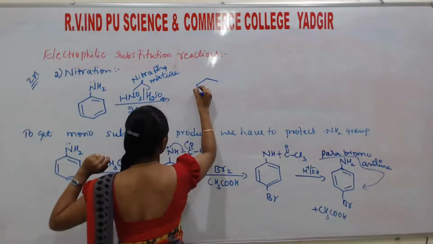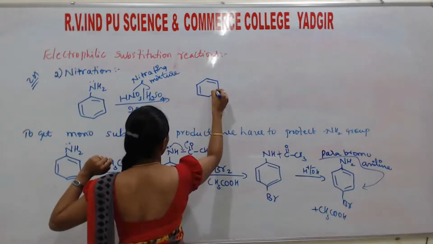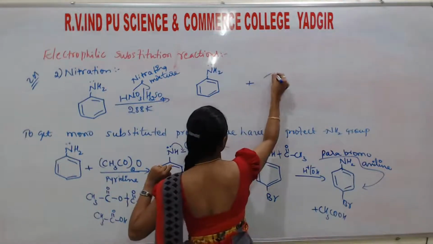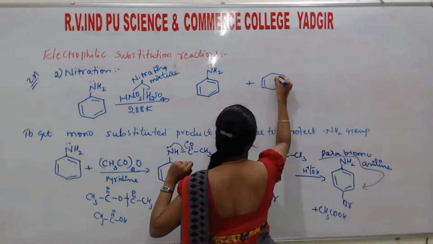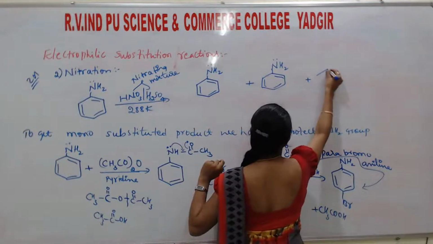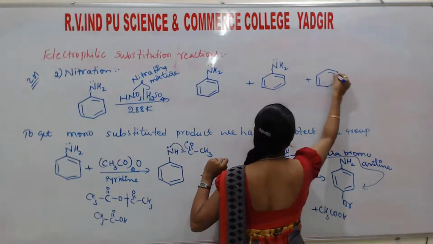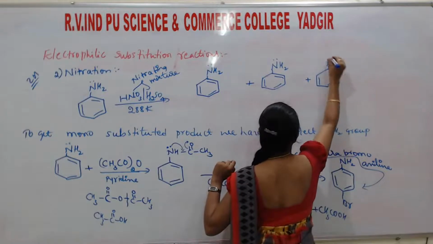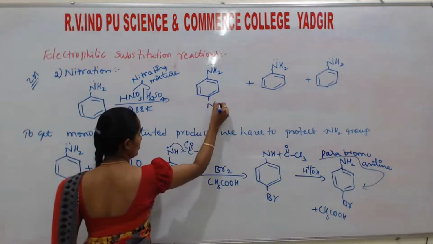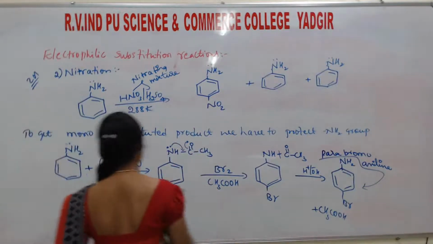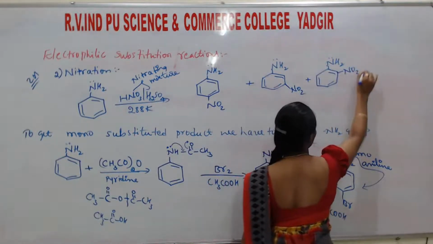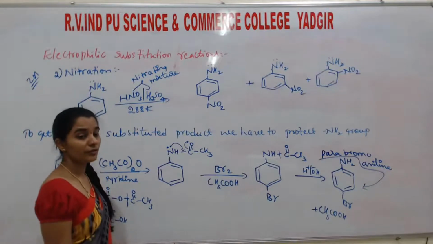It forms three different compounds: ortho nitro substituted compound, meta substituted NO2 and para substituted NO2. They form three different forms.